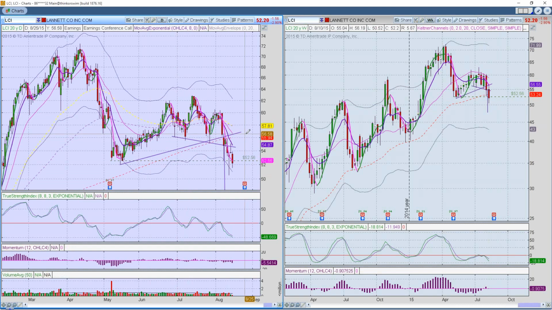So now that it has broken back down below this trend line and this little quick head and shoulders pattern, it may bounce back up here around the neckline or even up to this level. And we'll see what happens when it hits on earnings coming up in a couple of weeks.